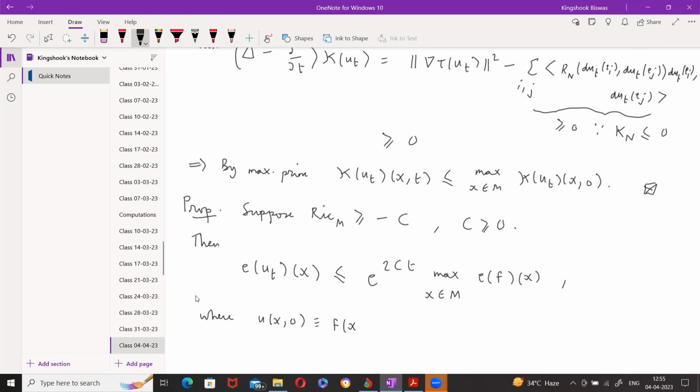Okay. And so this is true for all (x,t) in M cross [0,T).